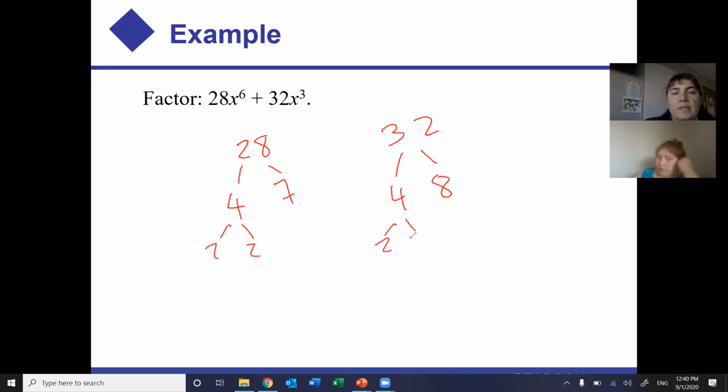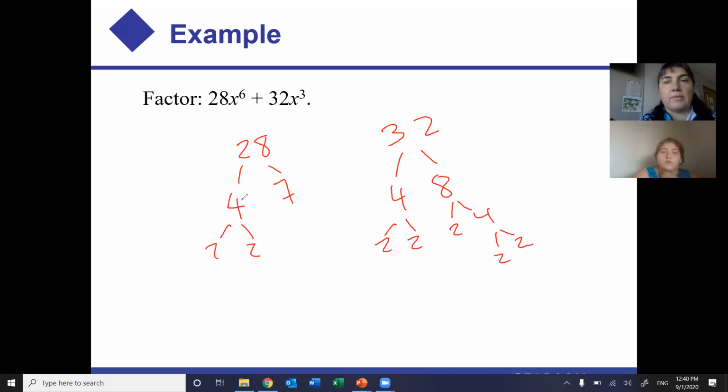So from here you can see that they have 4 in common, right? You see? One is 4 times 7, the other is 4 times 8. So this means that you can factor out a 4. They all have 4 as the greatest common factor.